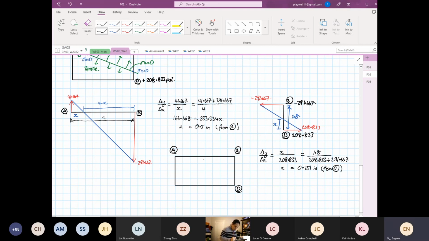So 0.75, sorry, the first one is 0.5. So this is our first point of intersection over there, right? So the height is 1.8, 0.9. So it's somewhere around here, right? So this is our neutral axis.